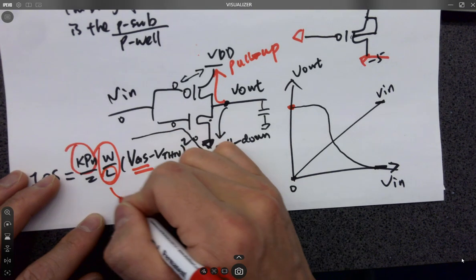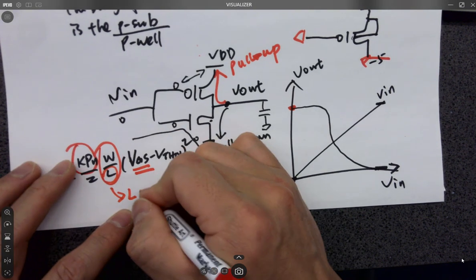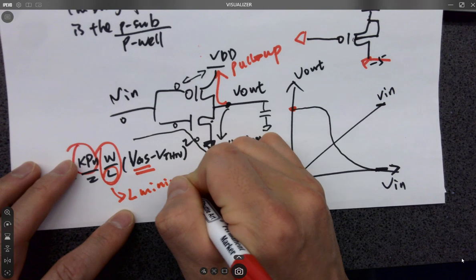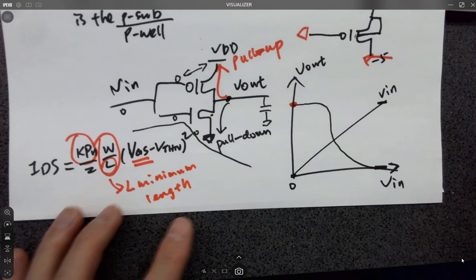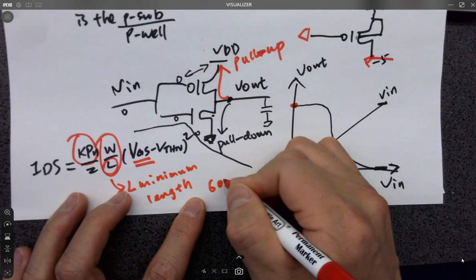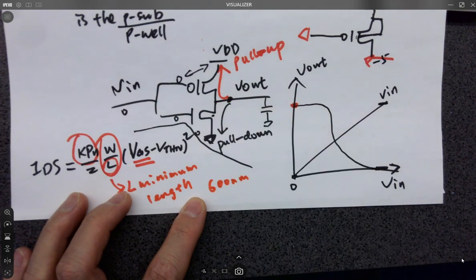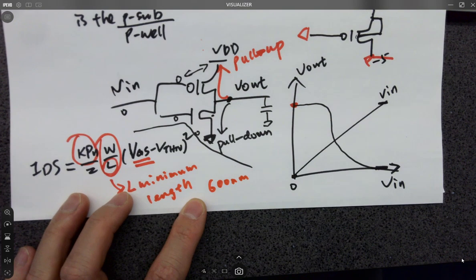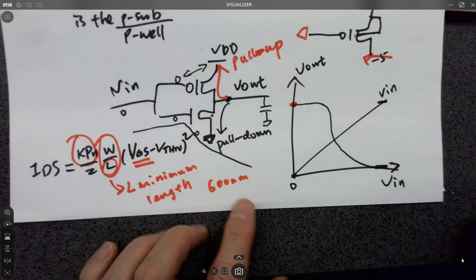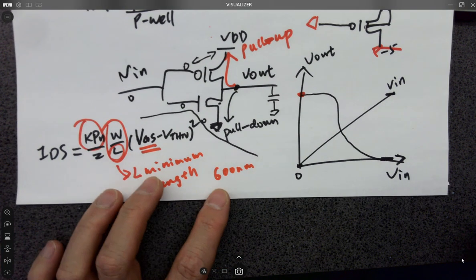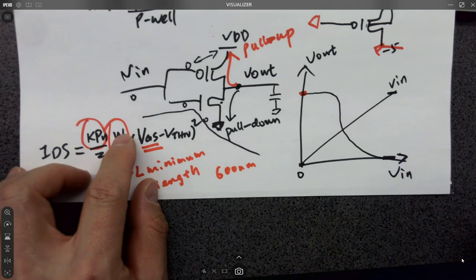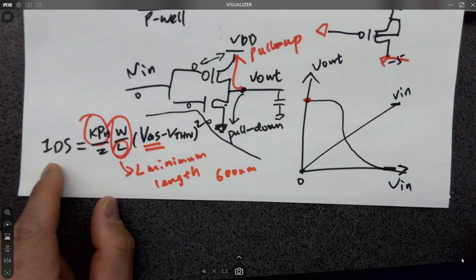Because L is a minimum length, if it's a C5 process, it's going to be 600 nanometers, because we usually use 2 lambda as the minimum we can use. So it's 2 lambda, which is 600 nanometers, and we don't want to change it. We just keep it at a certain length, and we modify W to change the current.